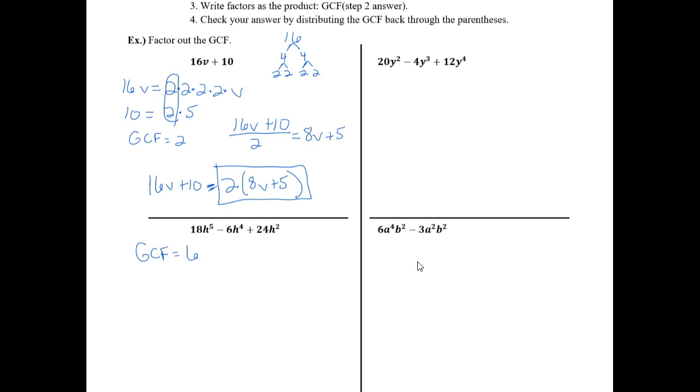So h squared is the smallest exponent, and I have to take that for my greatest common factor. So it sounds kind of counterintuitive that the smallest is the largest factor, but I can't take more than this. I can't say h to the 5th is the greatest common factor, because this doesn't have h to the 5th. It doesn't have 5 h's. So we're always going to be looking at the smallest, and it has to be in all 3 terms here.